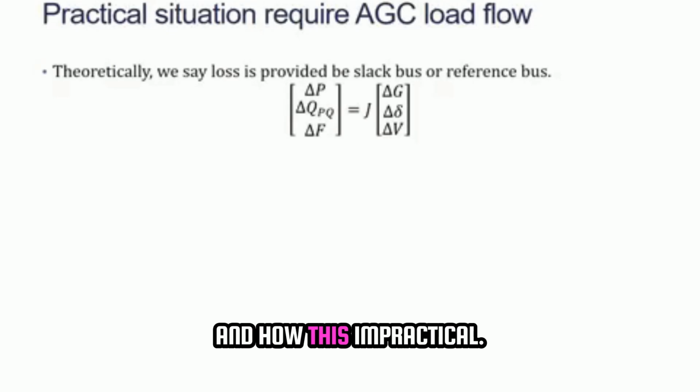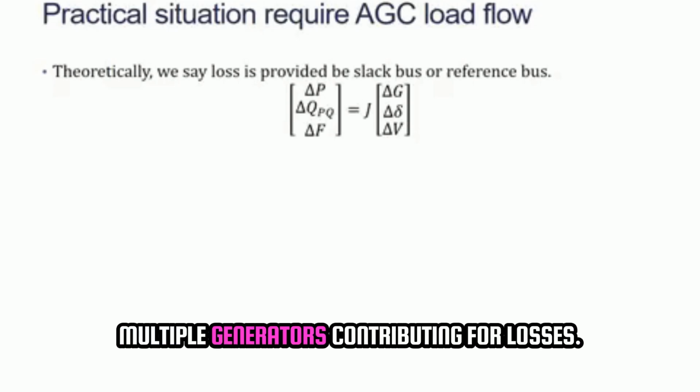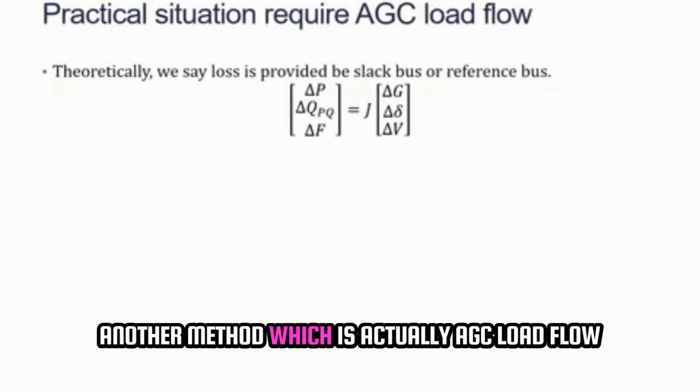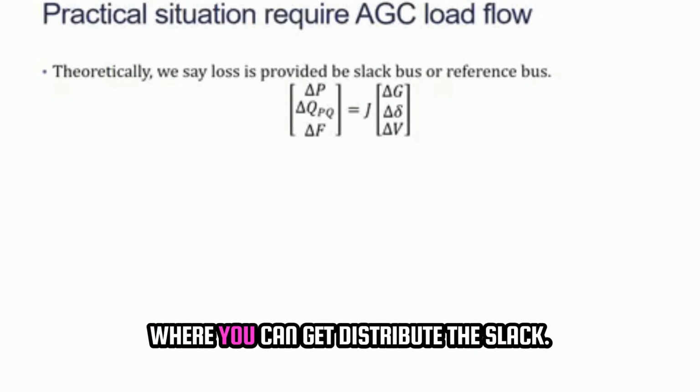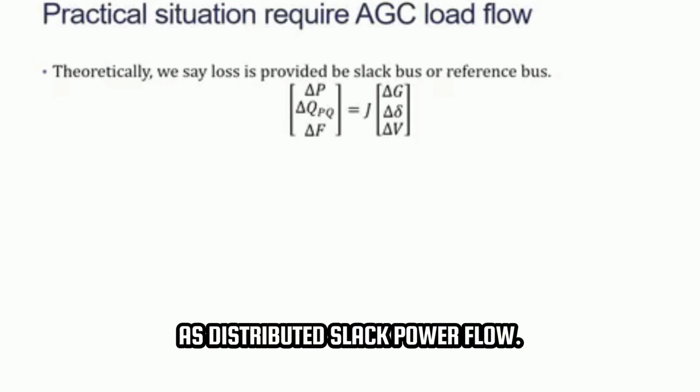In practice, there is no case of a single slack bus, so there are always multiple slack buses or multiple generators contributing to losses. So we have to use another method, AGC load flow, where you can distribute the slack, and it is also called distributed slack power flow.